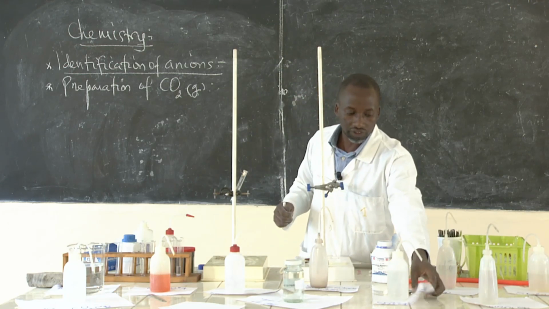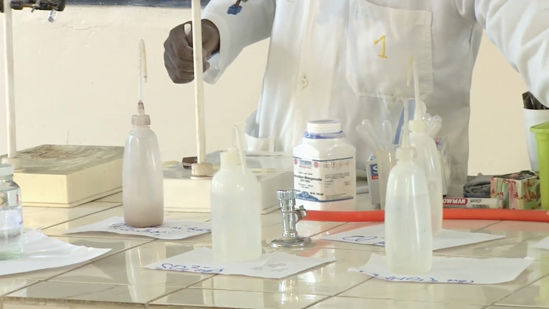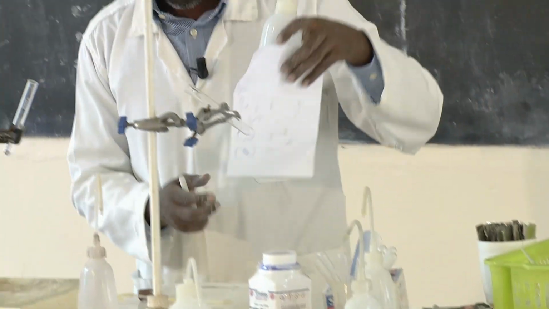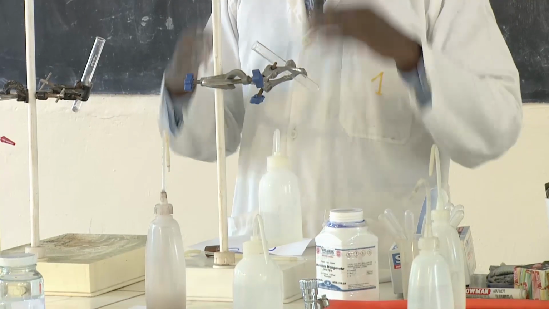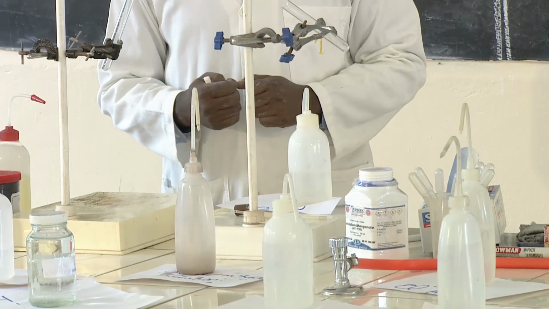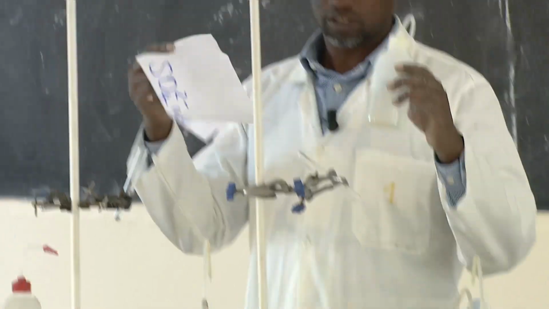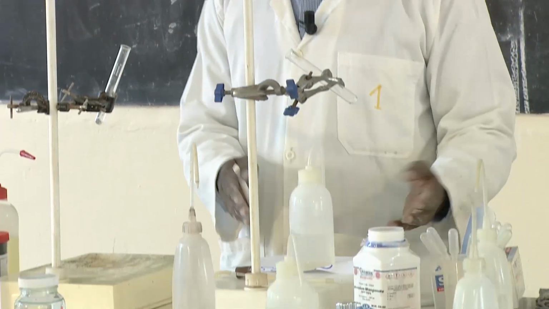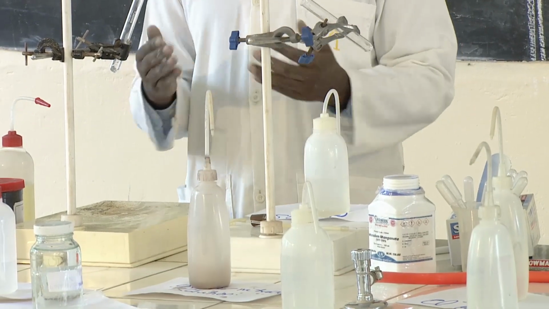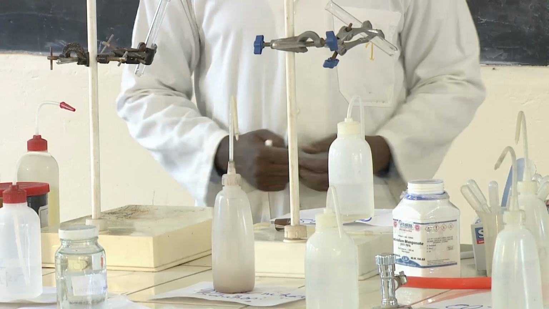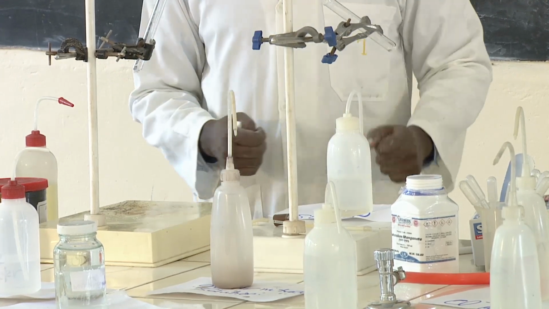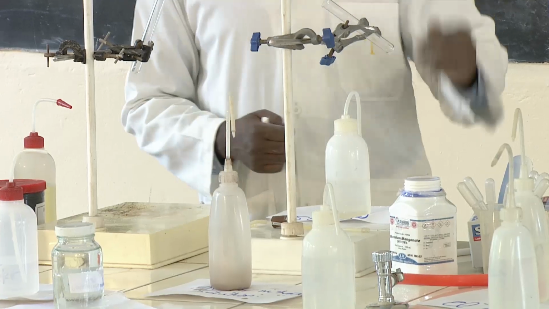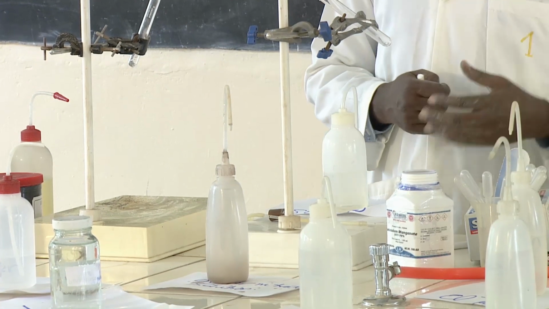So right away, without wasting a lot of time, we'll start with the sulfate ions. These are anions derived from sulfur dioxide. This is one of the anions that we have to test for. How do we identify the sulfate ions in a solution? How do you tell that this solution contains sulfate ions?